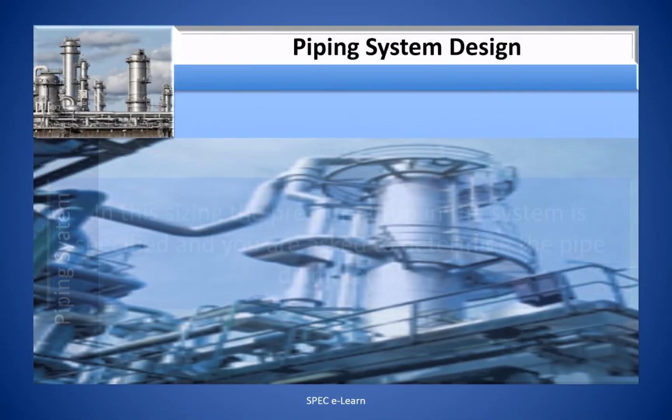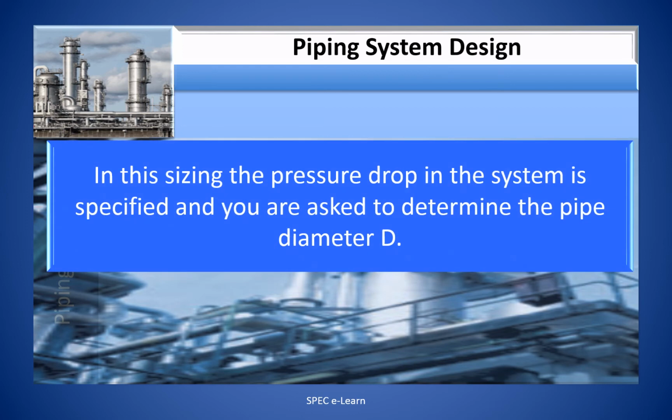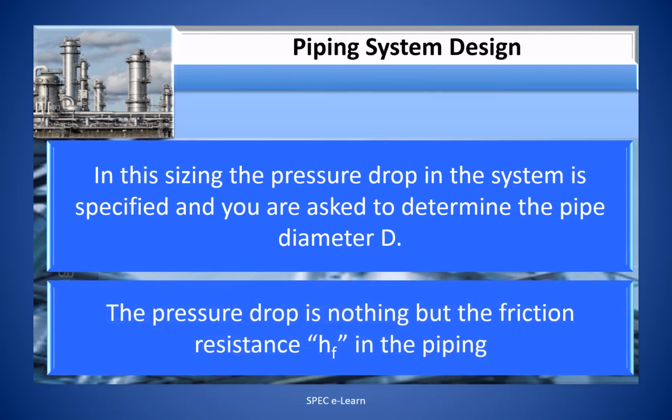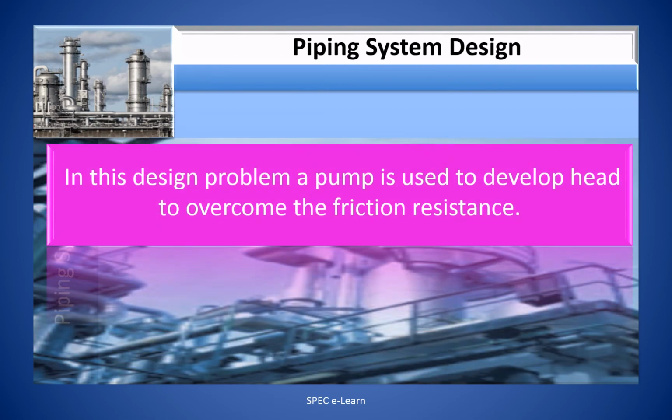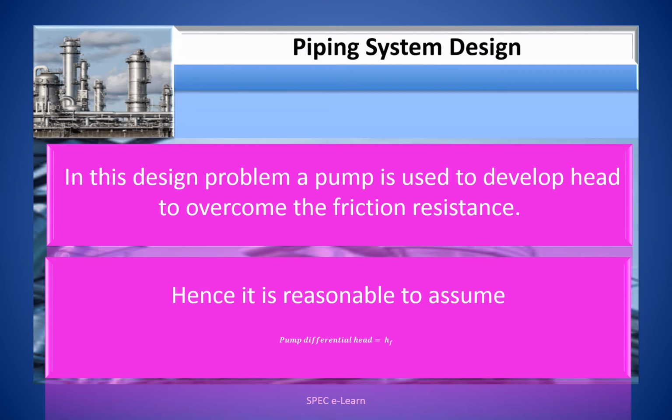In this sizing problem, the pressure drop in the system is specified and you are asked to determine the pipe diameter D. The pressure drop is nothing but the friction resistance HF in the piping. In the design problem, a pump is used to develop a head to overcome the frictional resistance. Hence, it is reasonable to assume that the pump differential head is equal to HF.